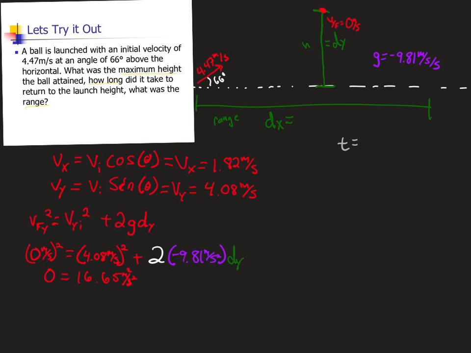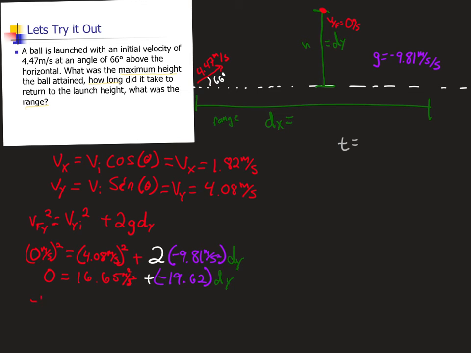Plus, and then we have our 9.81 times 2, which ends up being actually a negative 19.62 times the distance in the y direction. We have to rearrange some things.